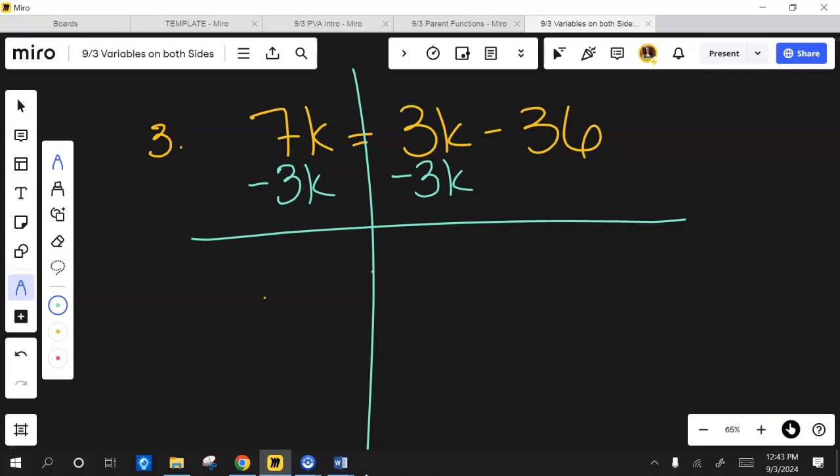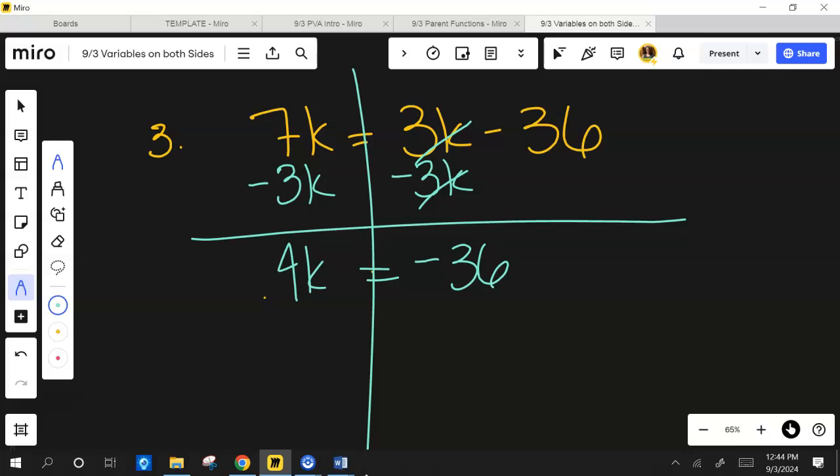What's 7k minus 3k? That's right, 4k. 4k equals, what happens on this side? These cancel, what's left? Negative 36. Yes? Right. Trevor, what do you do now?